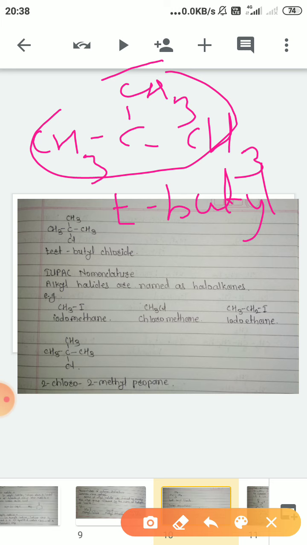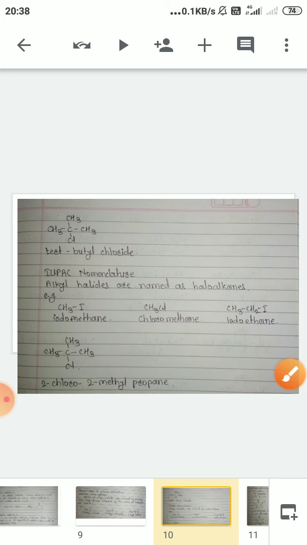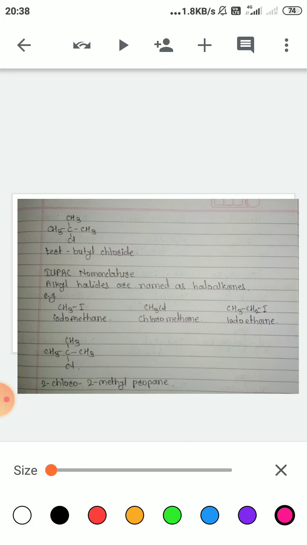Out of that, this one is tertiary butyl, because it contains a tertiary carbon atom. As the halogen is chlorine, the name of the compound is tertiary butyl chloride. This is the common name system for alkyl halides. In this way you can write the common name of any alkyl halide.